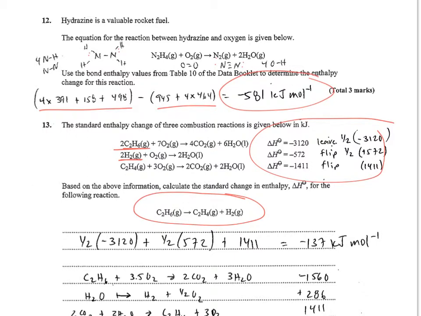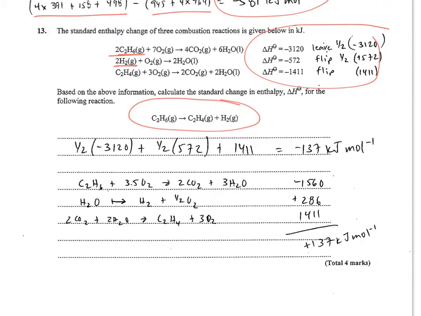If I scroll down here, then I actually did those things. I left my first equation, but cut it in half, as I've written right here. The second one, I flipped it and cut it in half. And the third equation, I've only flipped. And when I do that, that does yield the equation I wanted, because as I look here, I've got C2H6 in one place only.